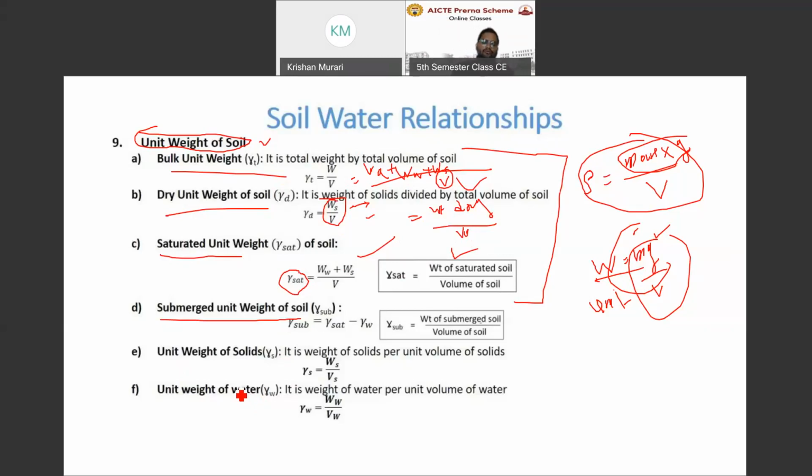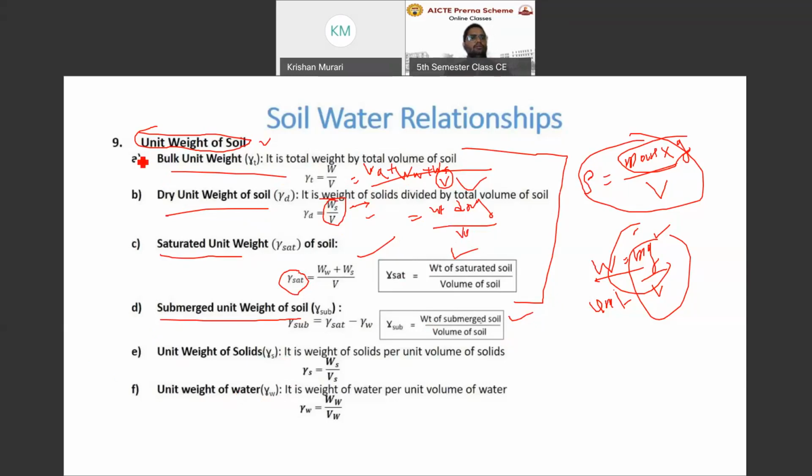If you want to know the unit weight of submerged soil, you can directly write the unit weight of saturated soil minus unit weight of water. So the submerged unit weight is saturated unit weight minus unit weight of water. You can also write it as weight of submerged soil upon volume of soil.